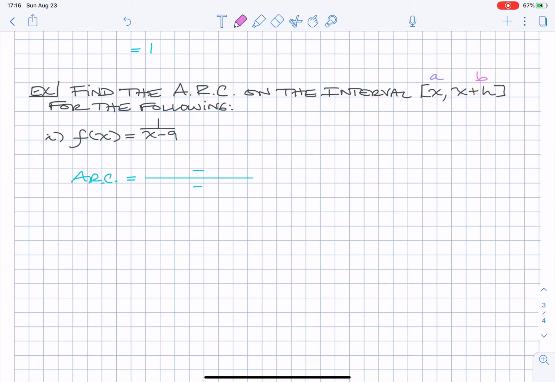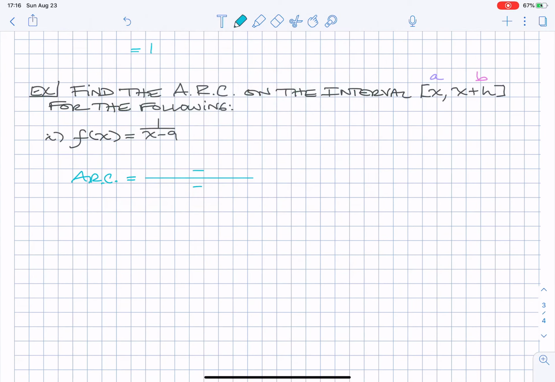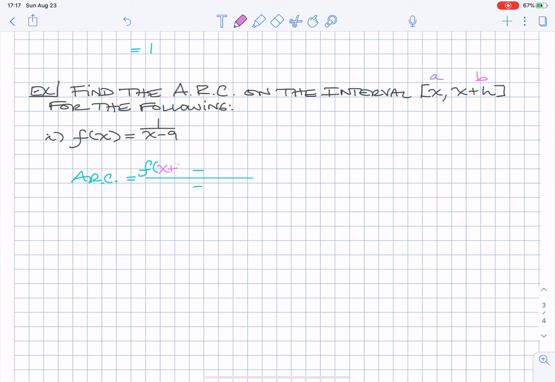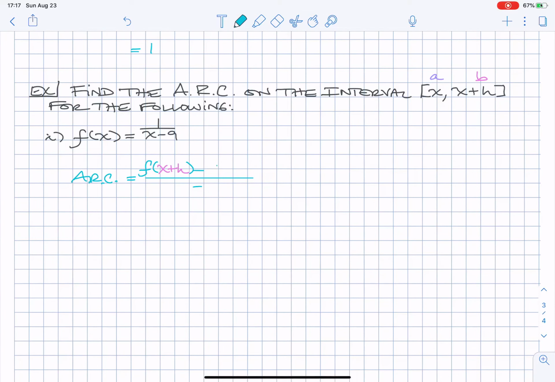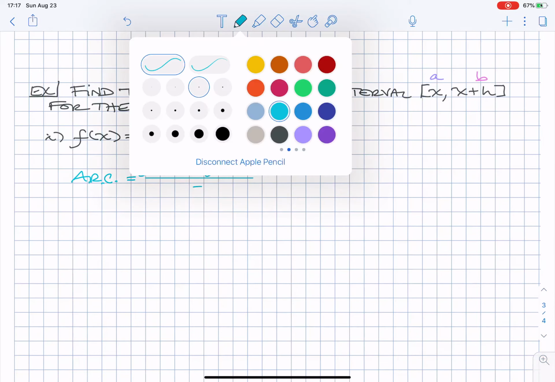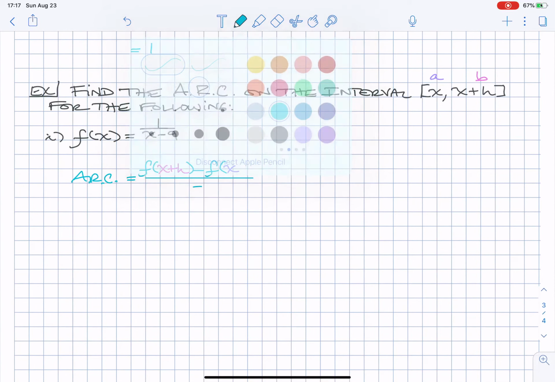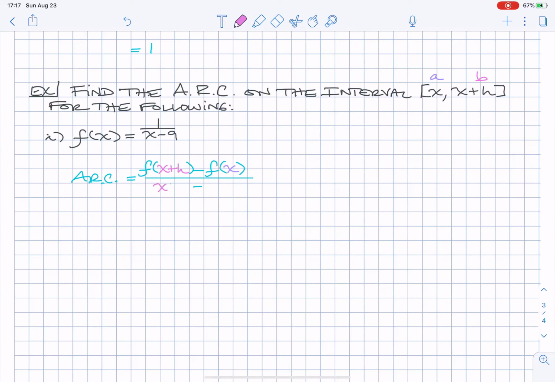So let's do f of my b, which is x plus h, minus f of my a, which is just x, all over b, which is x plus h in this case, minus x.